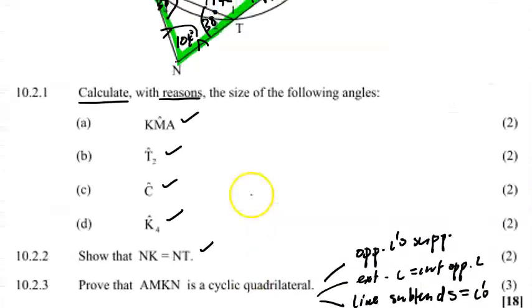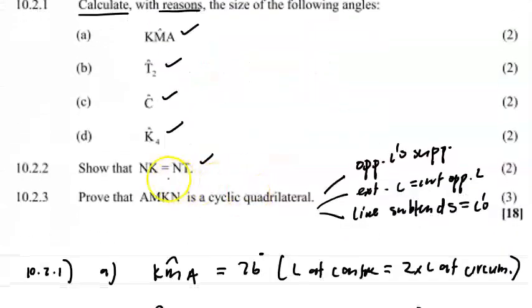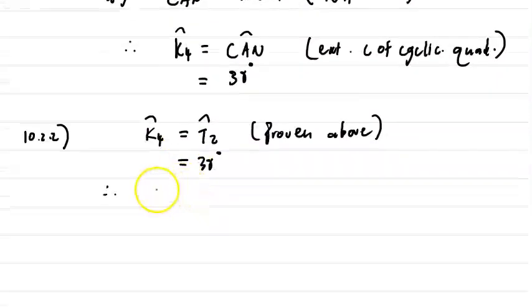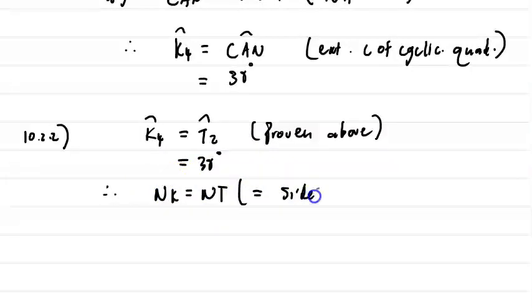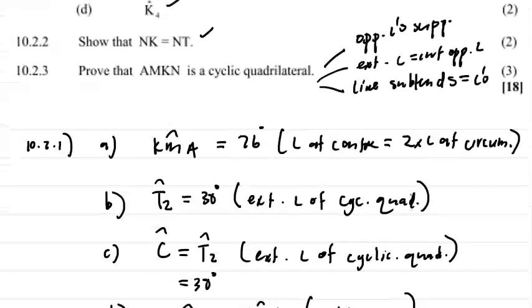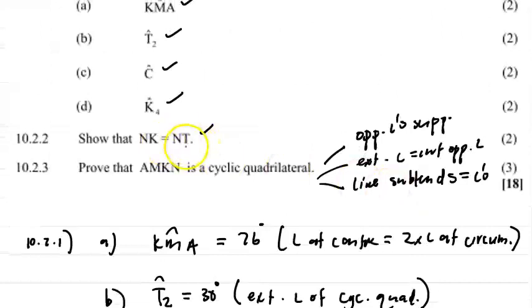Therefore, we can say NK equals NT, and that will be equal sides, opposite equal angles. So there you go, NK equals NT.